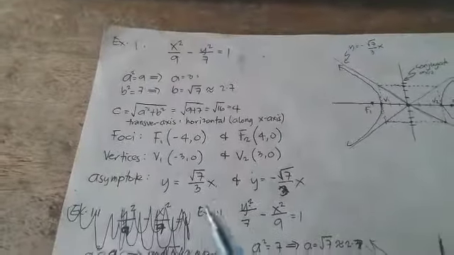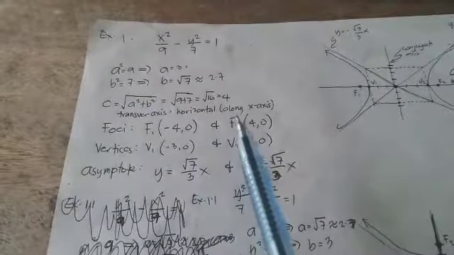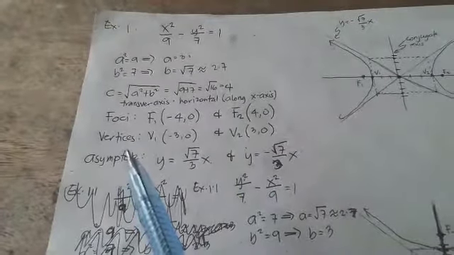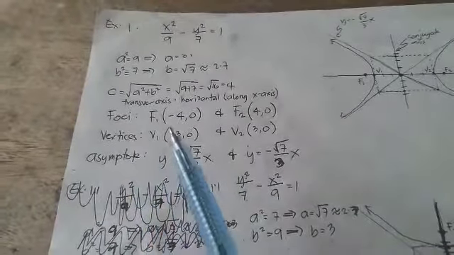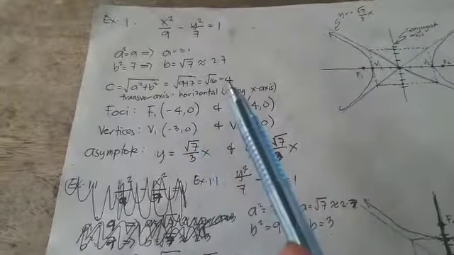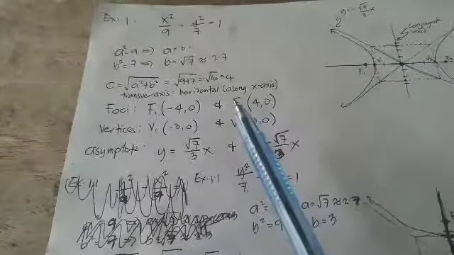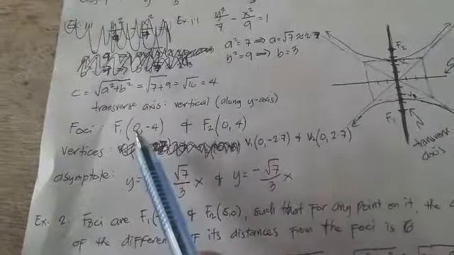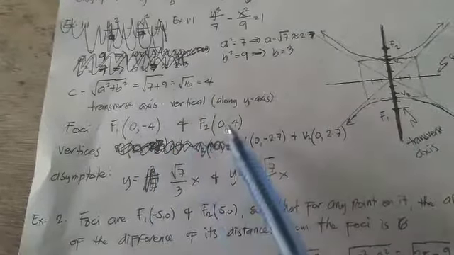Not like example number 1, where the transverse axis is horizontal, so the foci and vertices are on X. Not like this. Okay? So we have the foci 0, negative 4, and 0, 4.